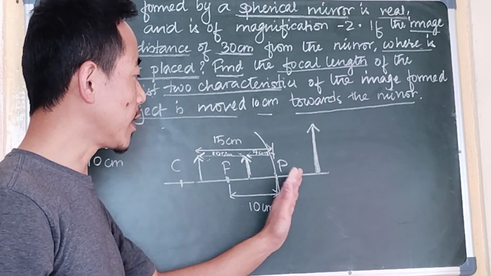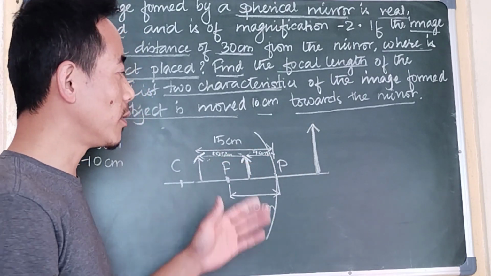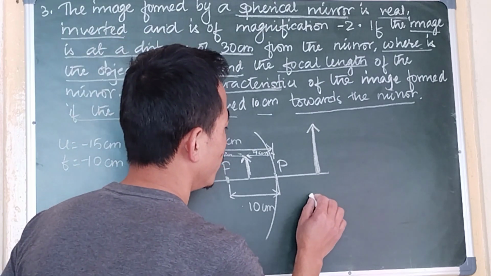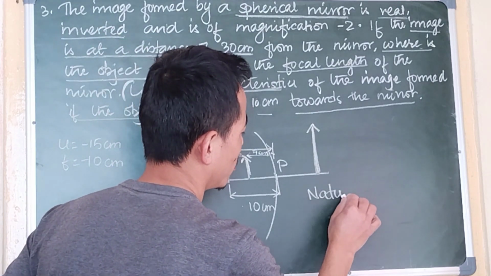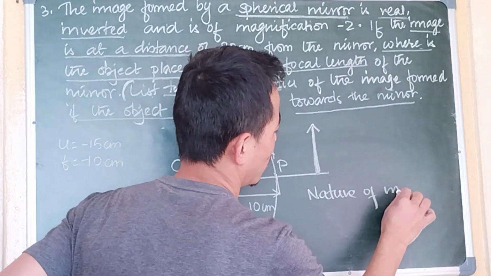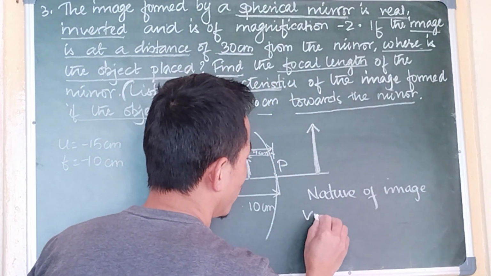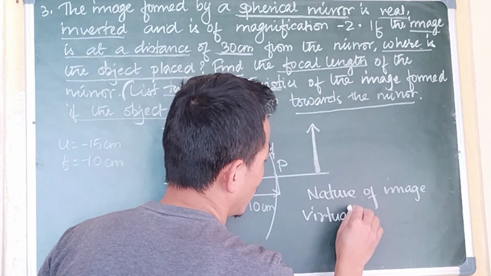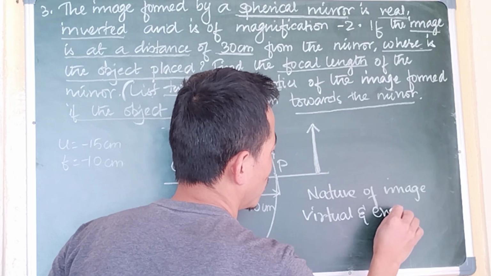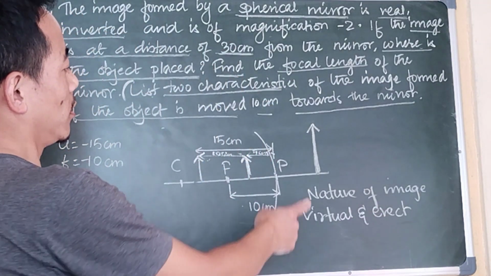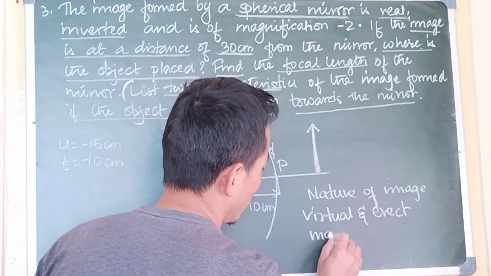If you understand this diagram, the final answer is that the nature of the image will be virtual, and a virtual image is always erect, and the image formed will be magnified.